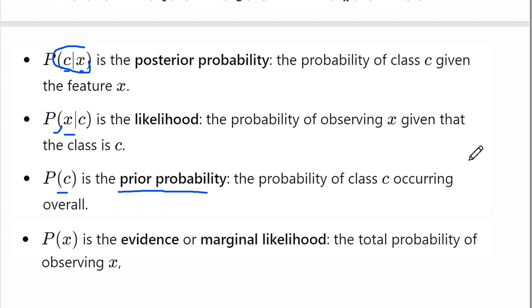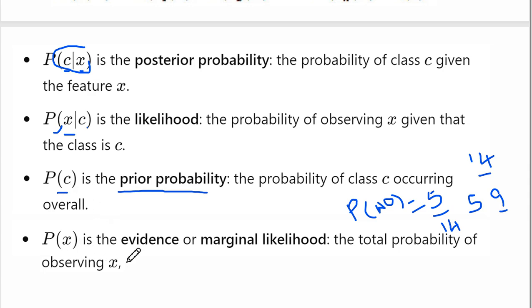For example, if our dataset contains 14 records, and 5 are No records and 9 are Yes records, the probability for class No is P of No equals 5 by 14, the number of No records by total records. Likewise, we find the probability for Yes, which is 9 by 14. That is called P of C.